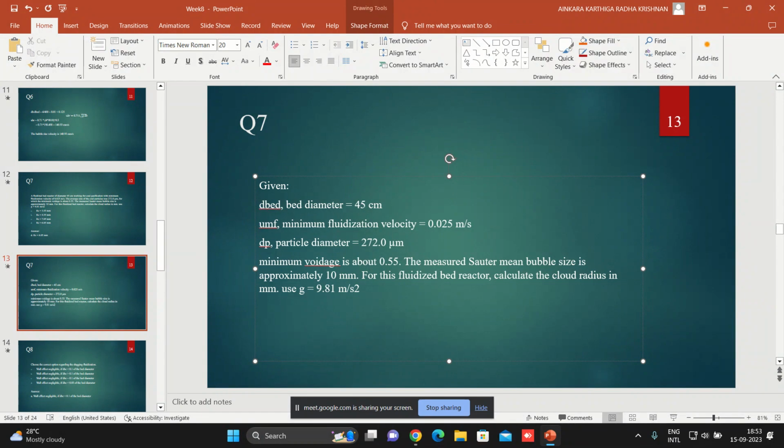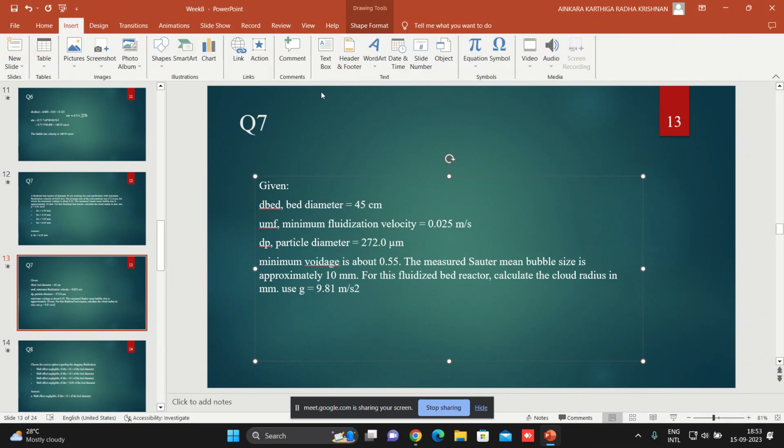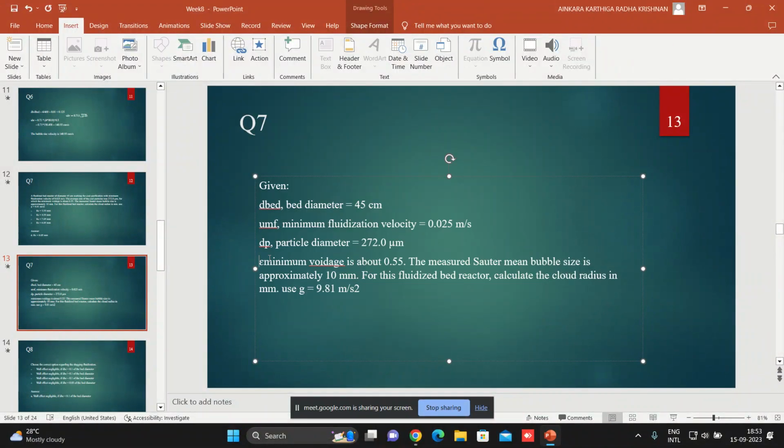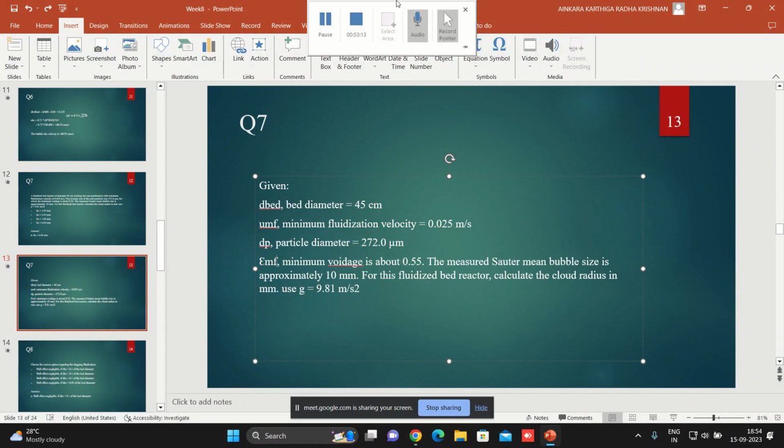Voidage is about 0.55. So what is minimum voidage? How do we denote it? We denote it using epsilon_mf, minimum voidage, 0.55.